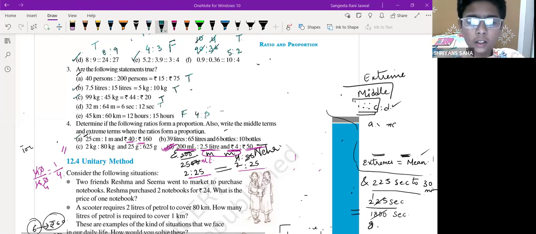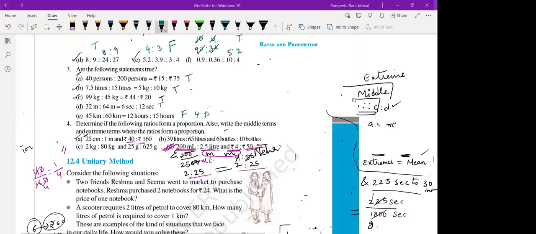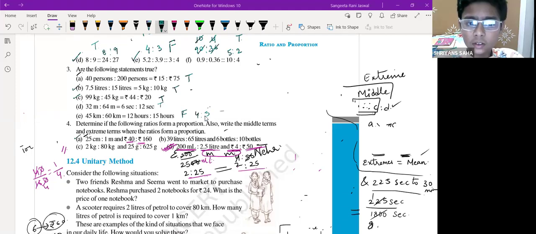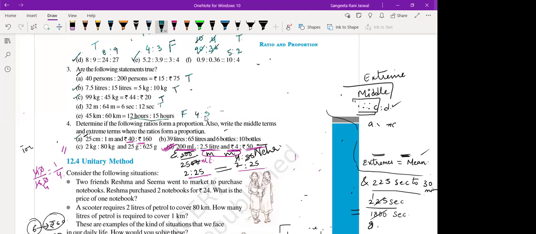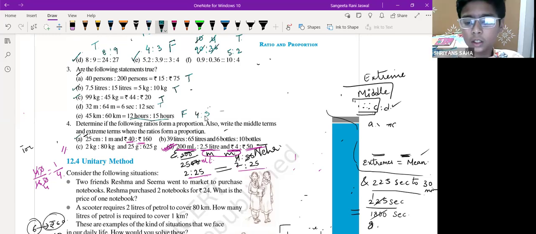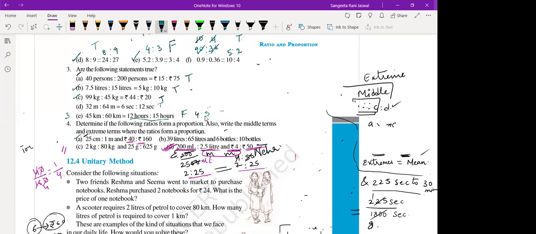Yes, ma'am. 15, 4, yeah. And one second. See, this ratio is 4 is to 5. 45 is to 60. Now 45 is to 12. That 60 is 3:4. Yeah, 3 is to 4. Okay, so it's false.